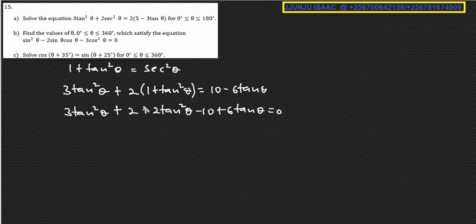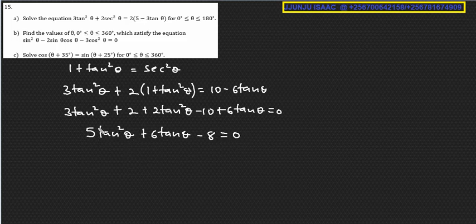So now let us collect like terms. Collecting like terms here, we see tan squared and tan squared giving us 5 tan squared. Then we have a plus 6 tan theta. Then we have a 2 minus 10, which is minus 8, equal to 0.